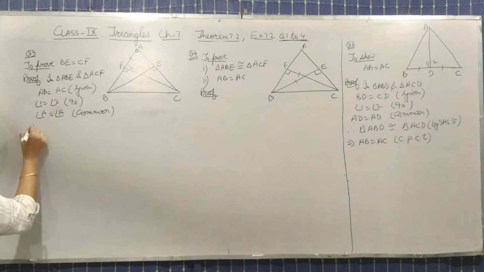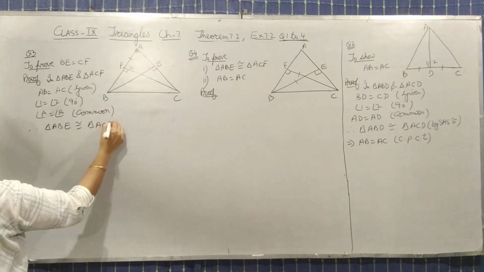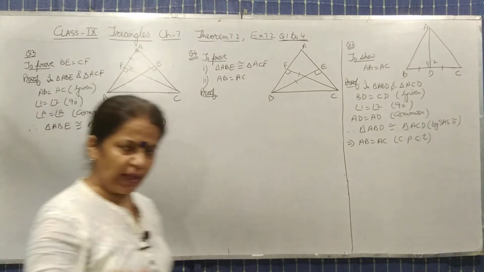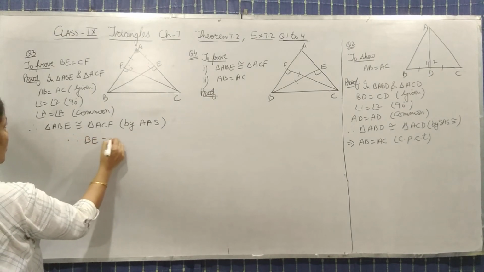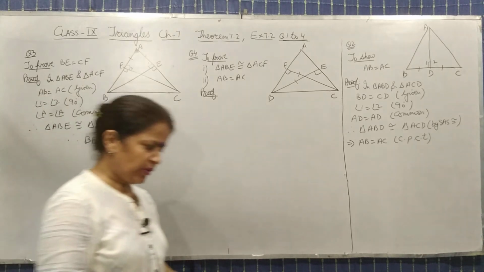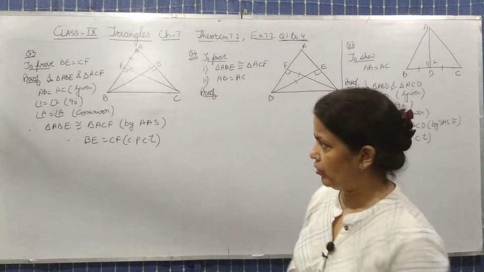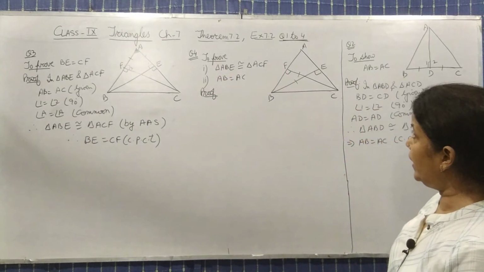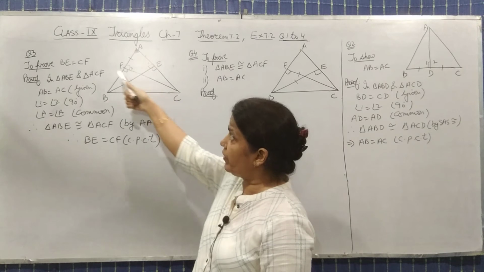So therefore triangle ABE congruent triangle ACF by AAS congruency. अब जब triangles congruent हैं, therefore BE equal CF, CPCT. ठीक है, triangles are congruent, therefore by CPCT corresponding parts of congruent triangles will also be equal. Okay. Question 4. In question 4, these altitudes are equal. इस क्वेश्चन में हमें altitudes prove करने थे equal.